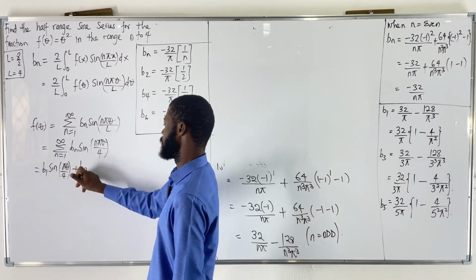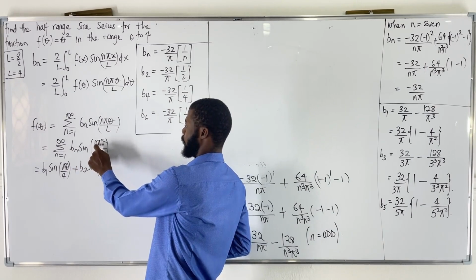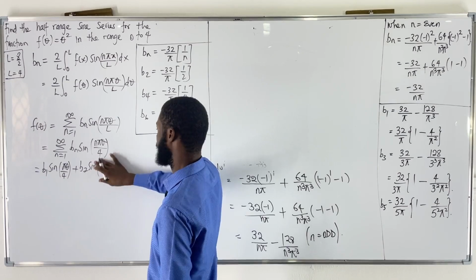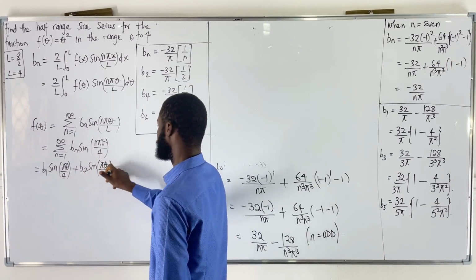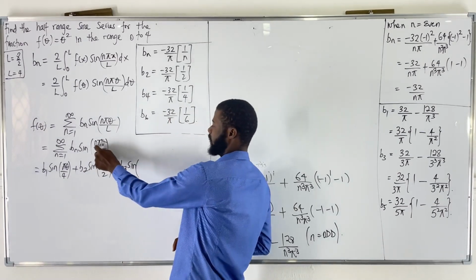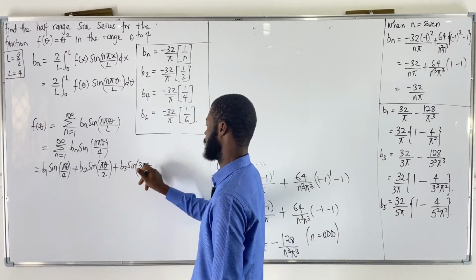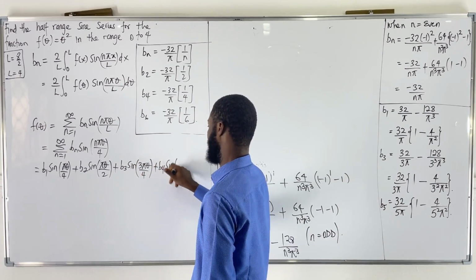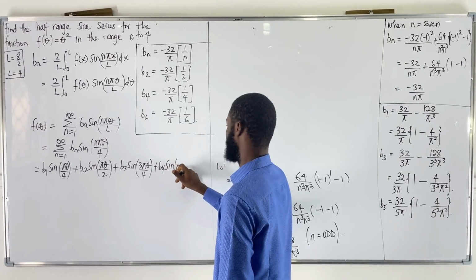So this will be b2 sine n is now 2. So what is 2 over 4? That's 1/2. So that would be pi theta over 2. And then plus b3 sine. Now n will be 3. So this will be 3 pi theta over 4. And then plus b4 sine. When you put 4 here, 4 will cancel 4. So this will just be pi theta.